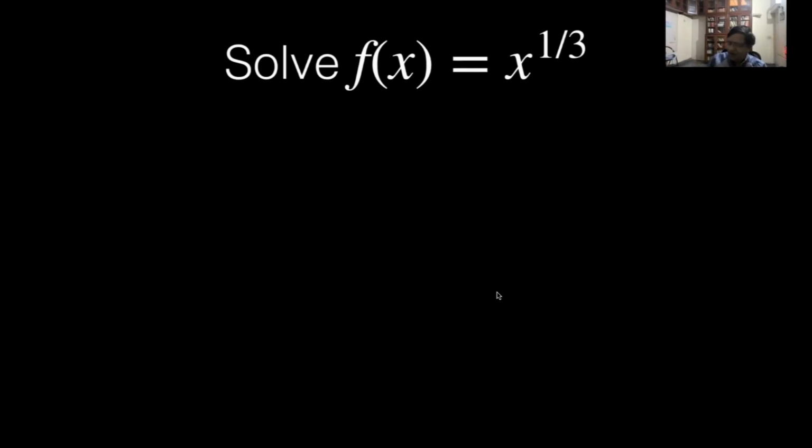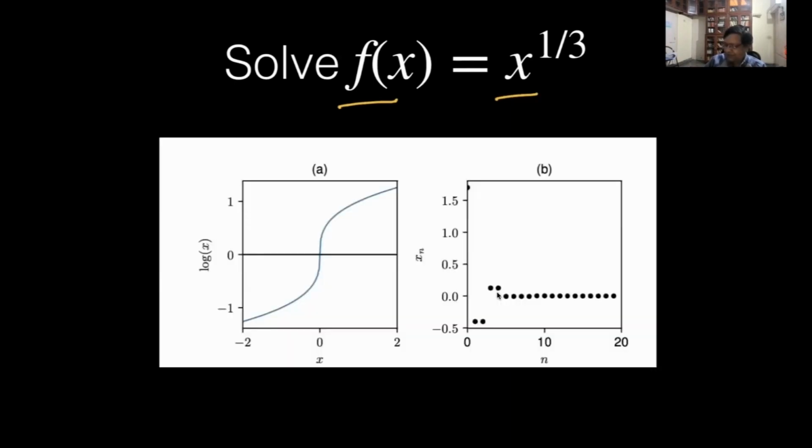Now a tricky function for which the solution also converges is this function, which I'm going to show you. Newton-Raphson does not work for this. So let's see how this function looks and where the root is. This function is the cube root of x. It is like that, and the solution is x equal to 0.